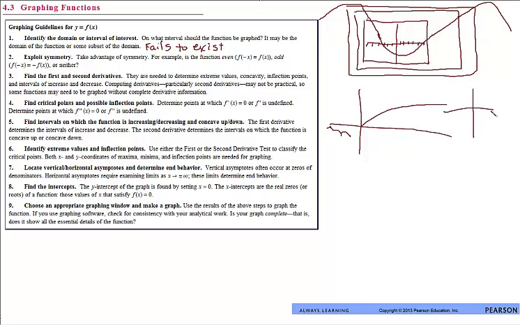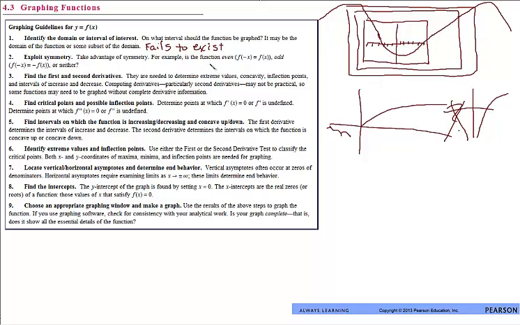Or you might be looking at a log function that looks like this, and you need to say, I don't really need anything over on this side, so I don't need to graph this part. So know where the important part of the landscape is on your graph.